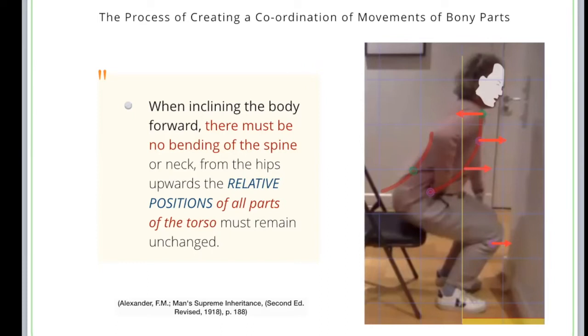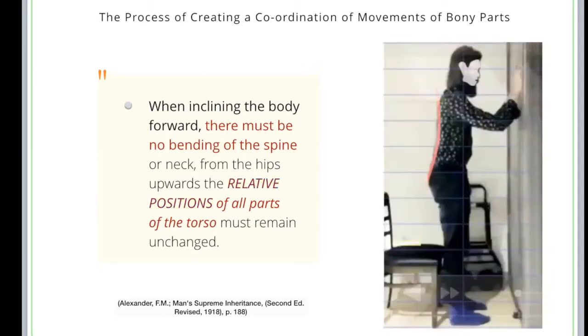So now let's also take this sentence with a pinch of salt, because when inclining the body forward, there must be no bending of the spine or neck. Well, let's imagine a situation where a person is standing with a spine that is already bent.